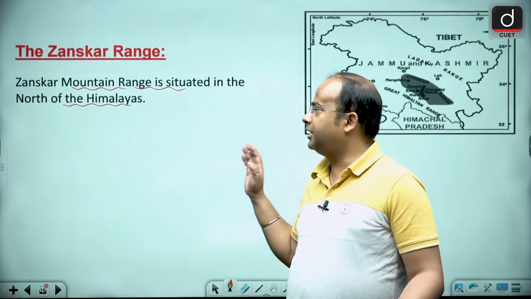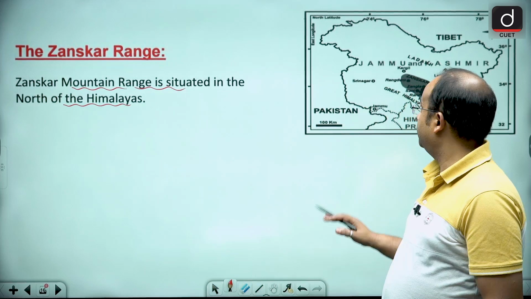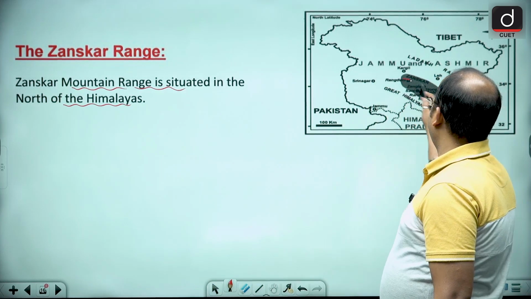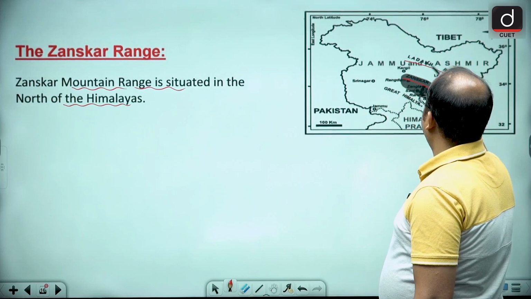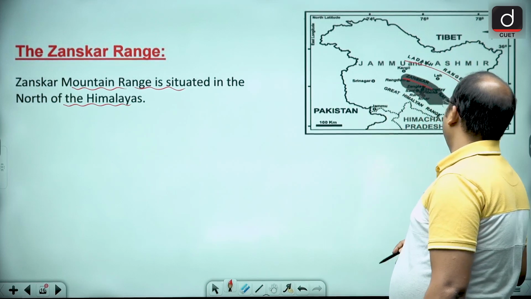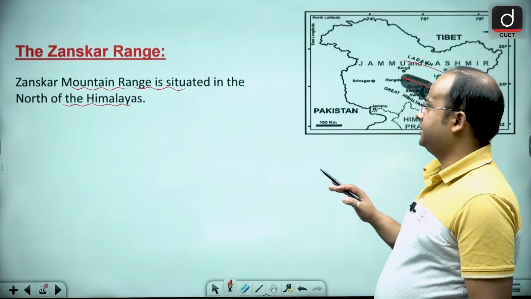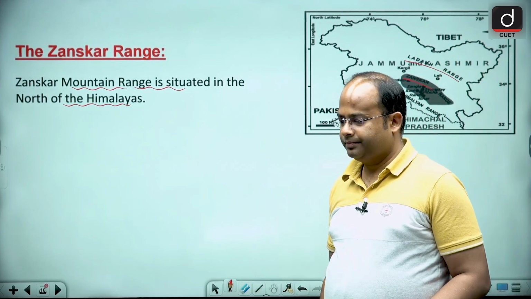Is that clear, guys? You can see the Zanskar range, and there you will find Ladakh, and then we have Tibet. So it is the unofficial boundary between India and Tibet, guys.